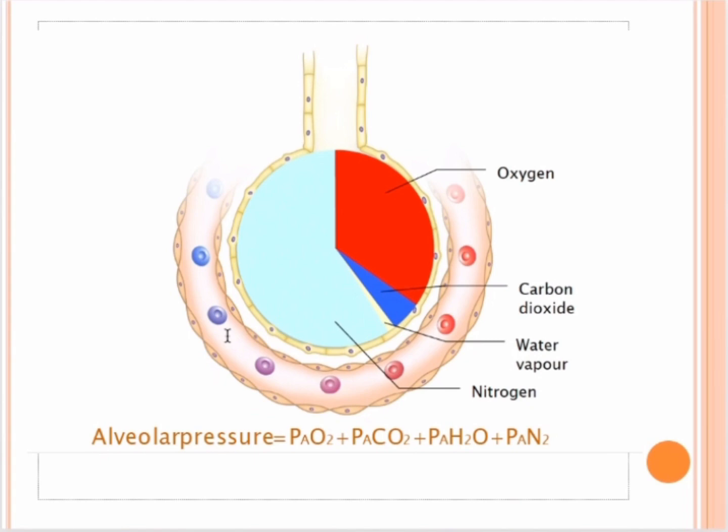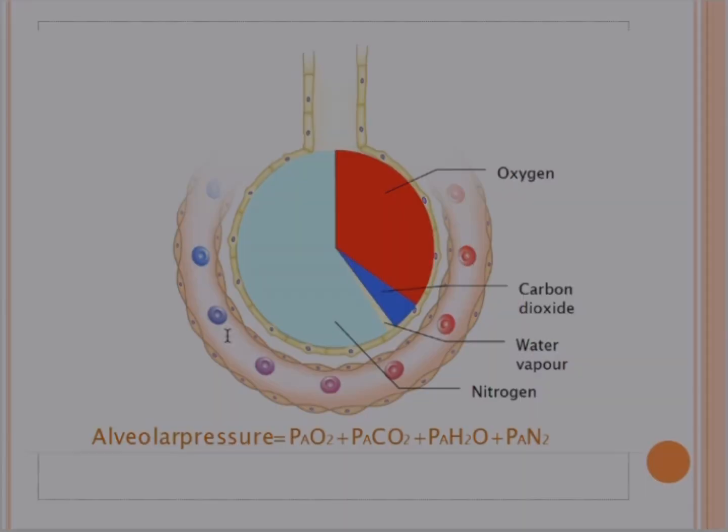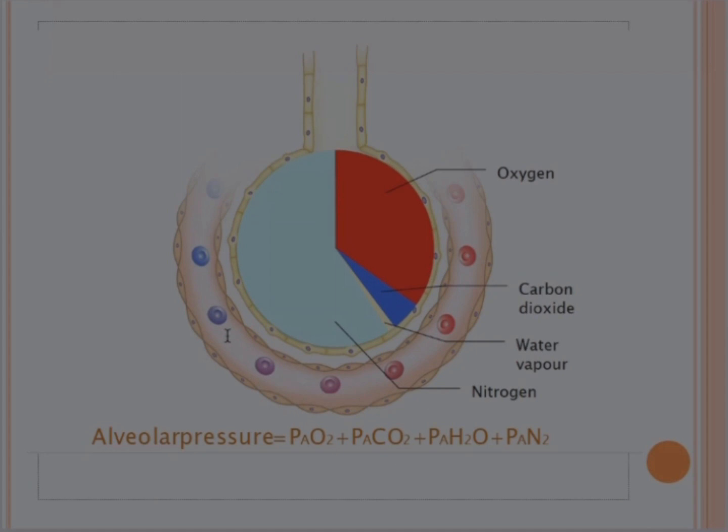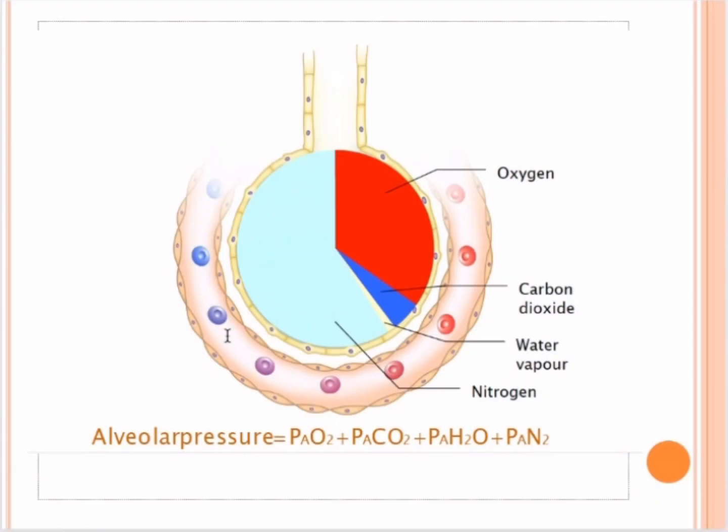So we talk about the alveolar pressure, which actually determines the oxygenation. The alveolar pressure is nothing but the sum of the partial pressures of different gases in the alveolus. So there are oxygen, carbon dioxide, nitrogen, and water vapor in the alveolus, and the partial pressure of each gives rise to alveolar pressure.